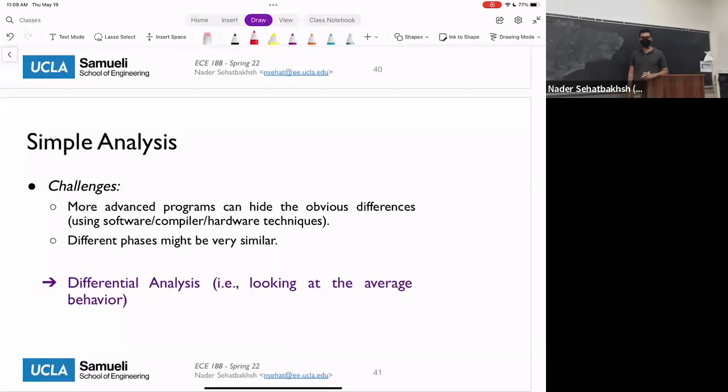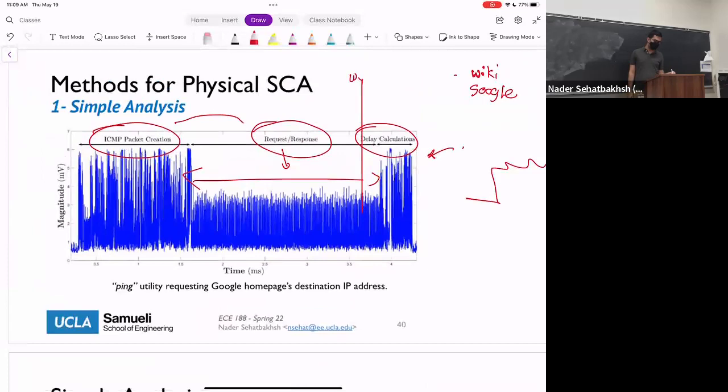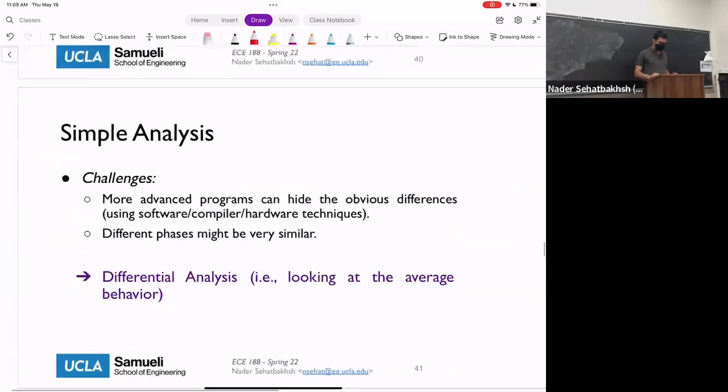Another thing is that in some cases you can see the difference between phases, but if you zoom in during the packet creation, you cannot really see much difference. So not every activity has very different signatures that you can easily detect. Simple analysis can give you an overview, but it doesn't solve all the problems of the adversary. So those are the two main challenges.